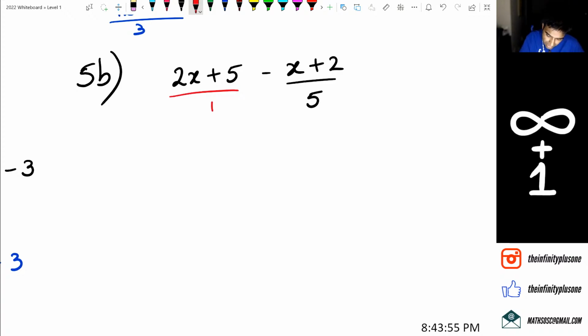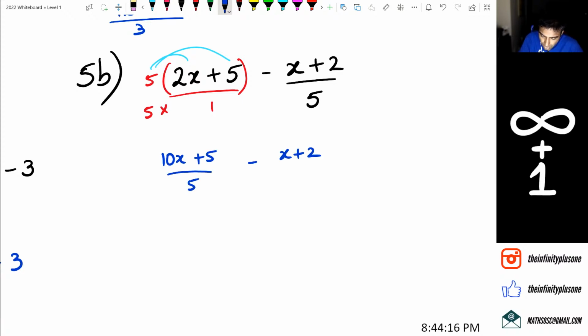I've got 1 and 5 there, which means 5 is the lowest common multiple. So I'm going to multiply the denominator by 5 and the numerator by 5. When I do this, I am going to get 10x plus 5 divided by 5 minus x plus 2 over 5.